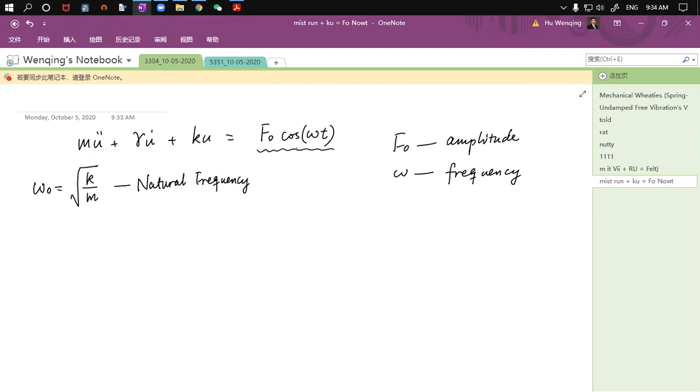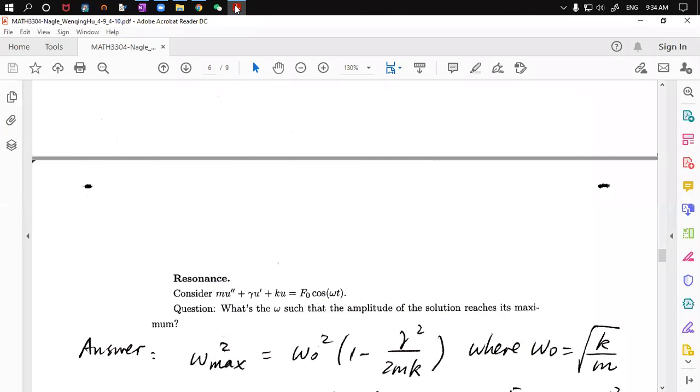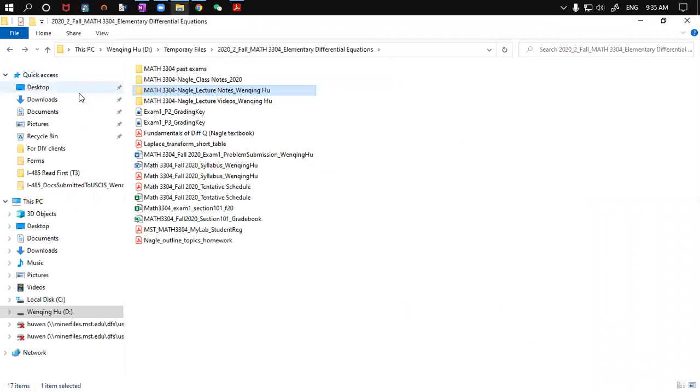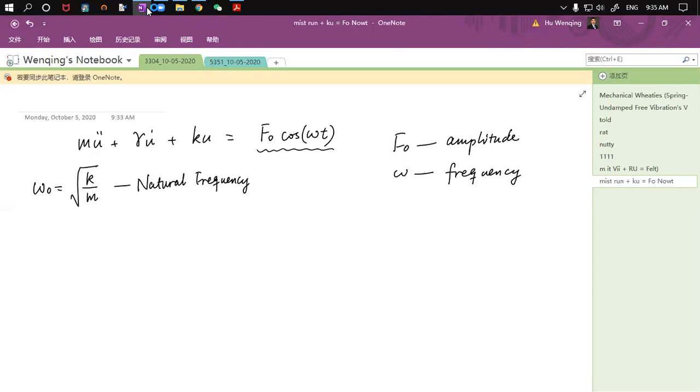Now we can use characteristics to solve this equation. Let me take my textbook, while it is starting up.